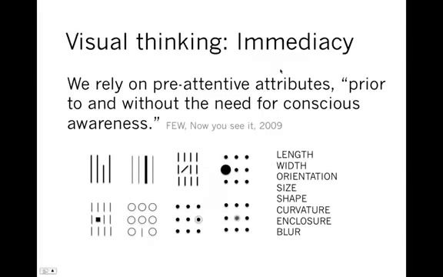But how do we define pre-attentive attributes? Well, if we can perceive or identify an attribute within 200 to 250 milliseconds, we consider it a pre-attentive attribute.